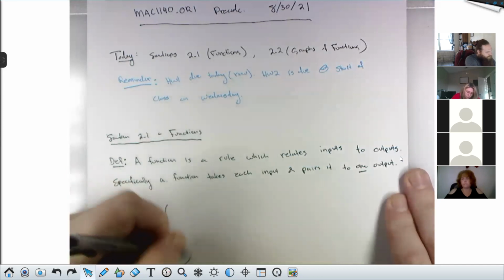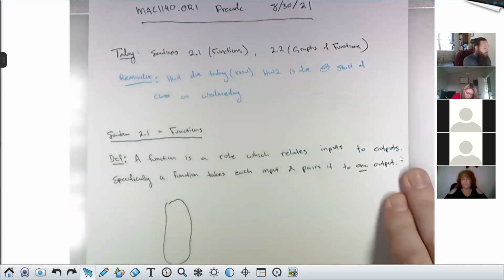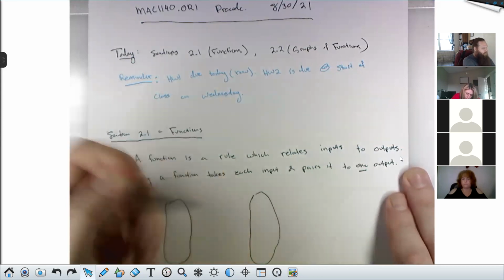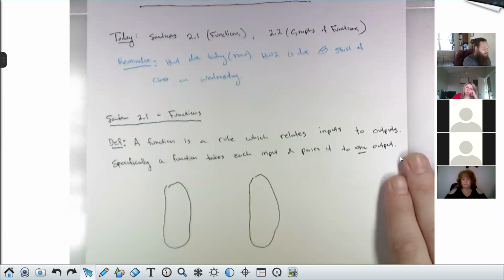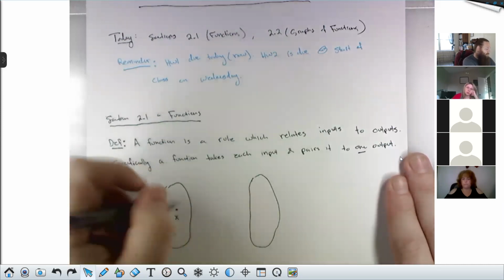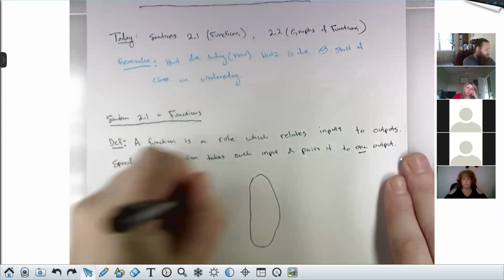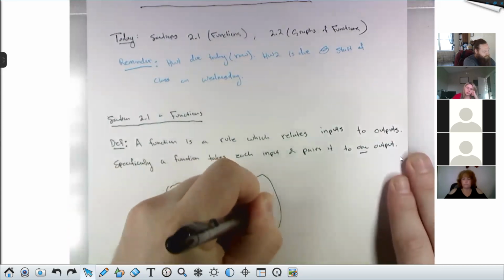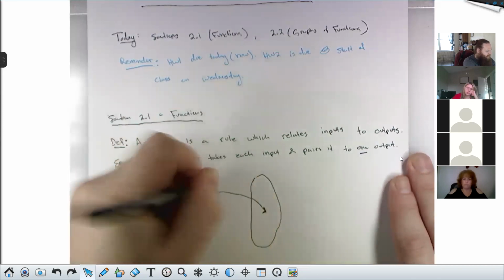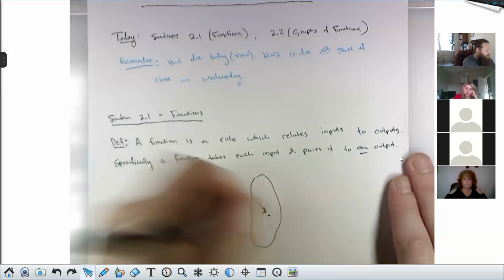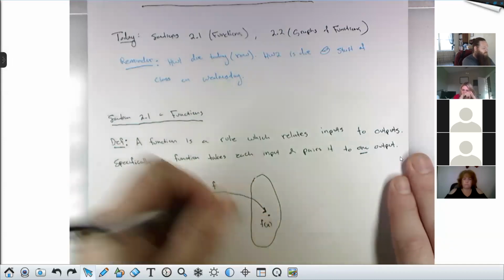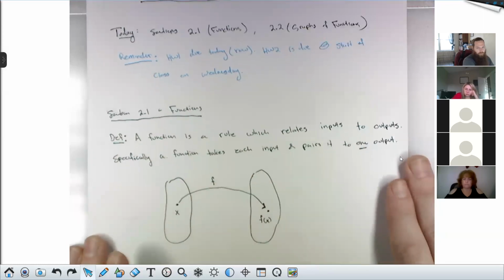You've got some collection of stuff over here, and you've got some other collection of stuff over here. Usually these would be sets of numbers.